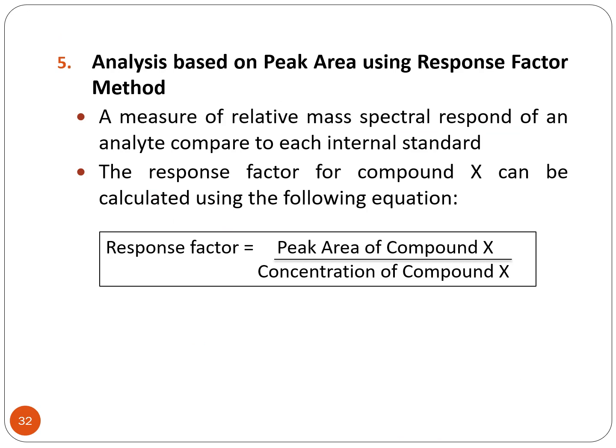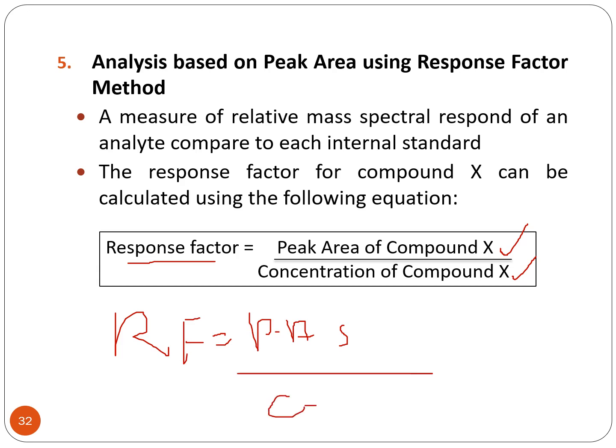Okay, the formula for response factor method is peak area of unknown compound X bahagi dengan concentration of compound X. Okay, so ni adalah response factor untuk kita punya unknown. Okay, response factor untuk kita punya standard pun kita tahu, in which the peak area of the standard bahagi dengan concentration of the standard.